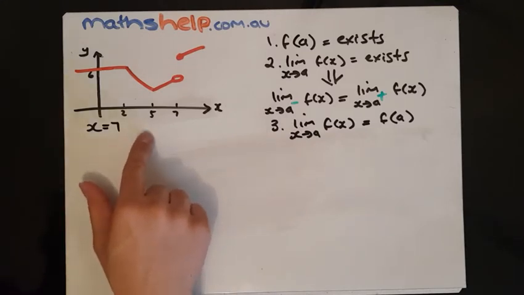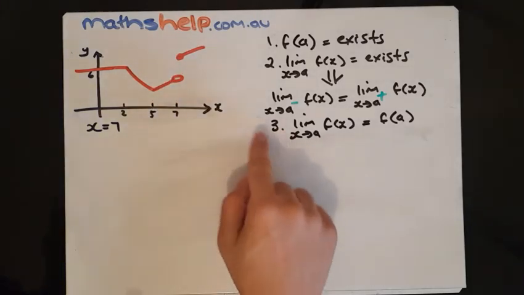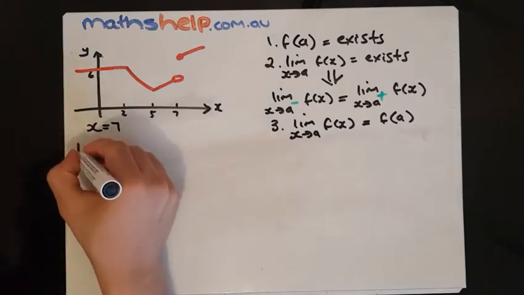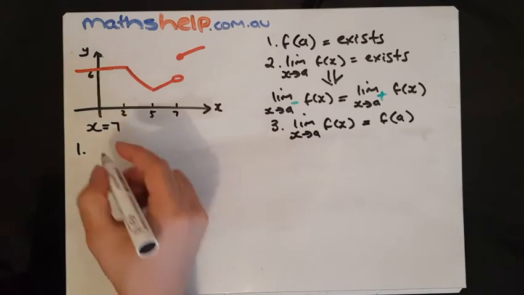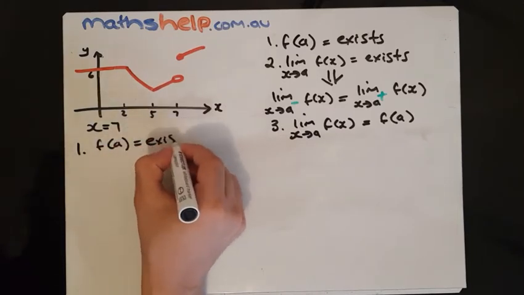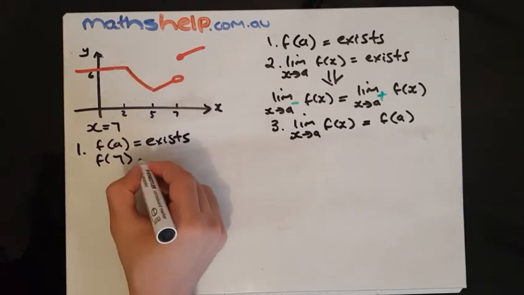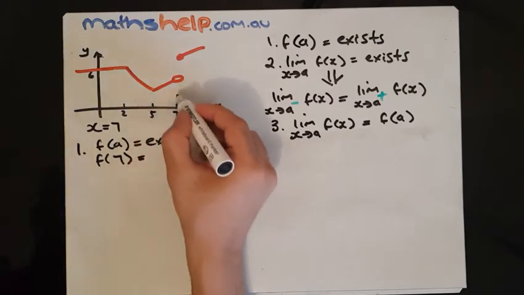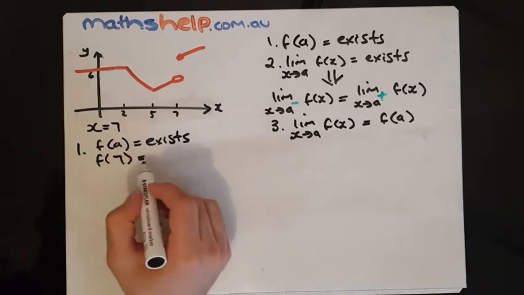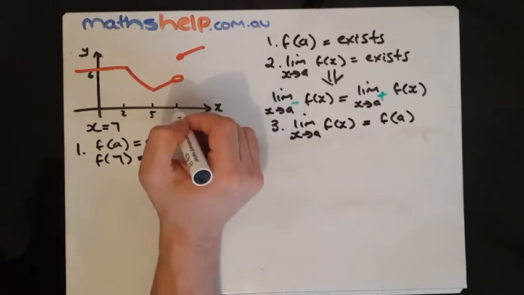Coming back to the graph, we've got a discontinuity at x equals 7. How do we prove that it's not continuous with these conditions? The first one: does f of a exist? Here a equals 7. Does it exist? Yes, it does. I wouldn't write that f of 7 exists; just write the actual value to make it easier.